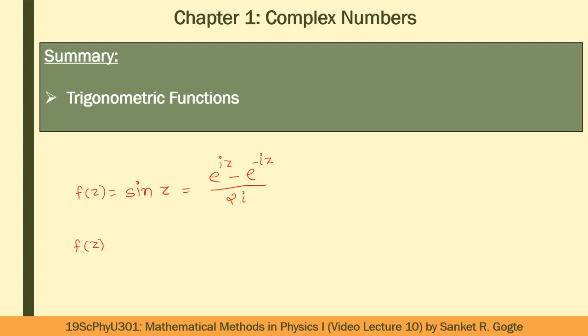Similarly, f of z, which is equal to cos z, can be defined as e to the power iz plus e to the power minus iz divided by 2. So this is how we define sine and cosine, and from them we can define the rest of the trigonometric functions. Tan is sine by cos, cot is inverse of tan or is cos by sine, sec is inverse of cos, and cosec is inverse of sine.